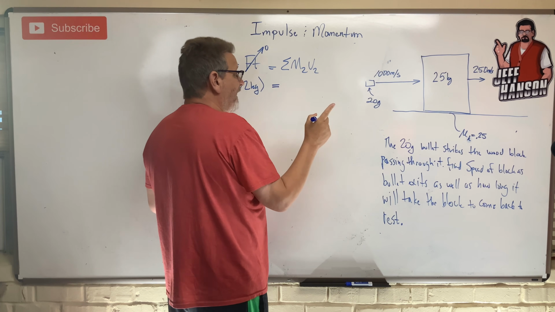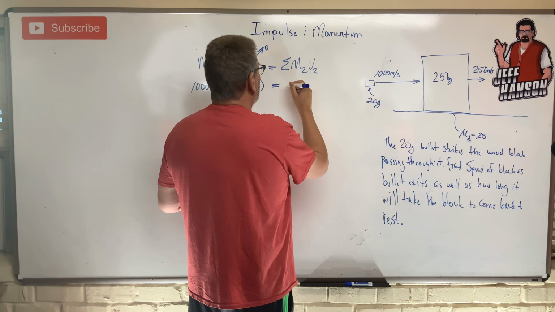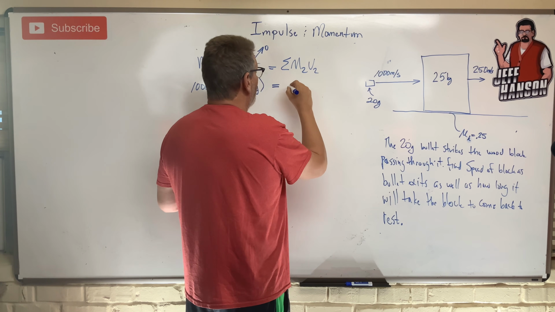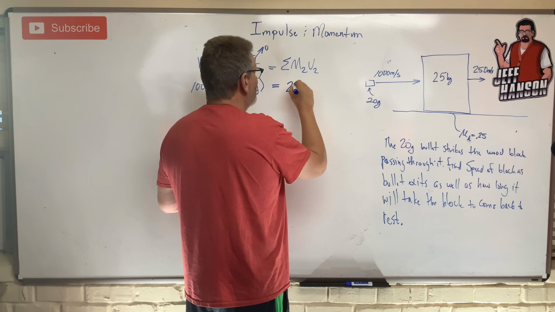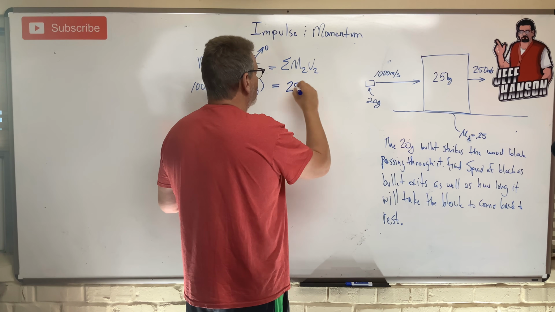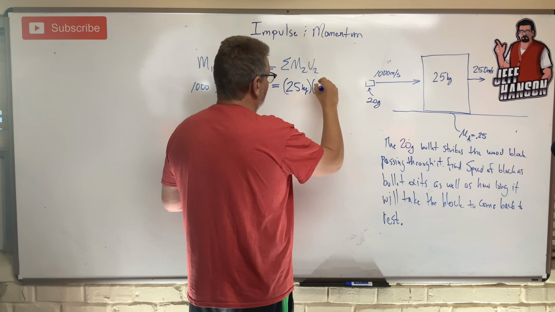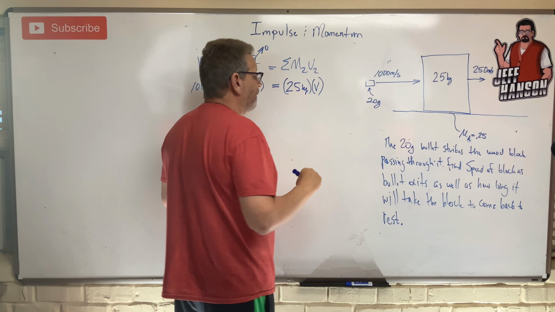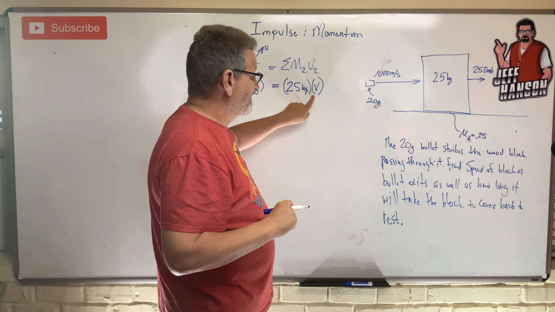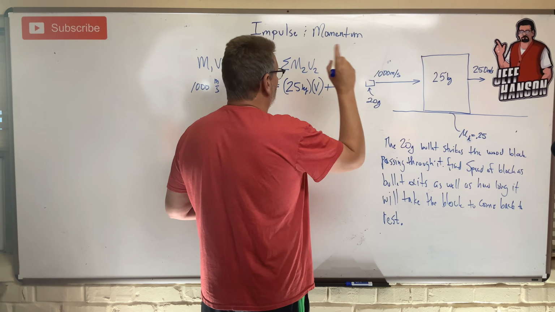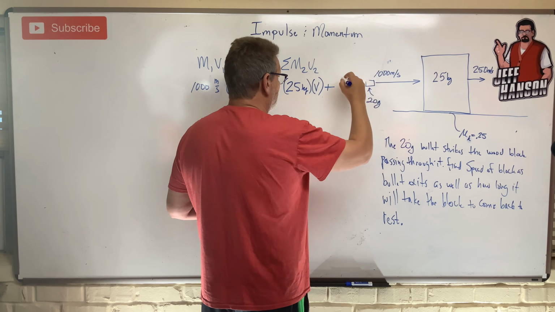How fast is the block moving? Mass, 25 kilograms, times the velocity of the block, I don't know what it is. It's kind of what we're looking for. How fast is the block going? Plus, here's the other momentum, the bullet, which was 1,000, right?